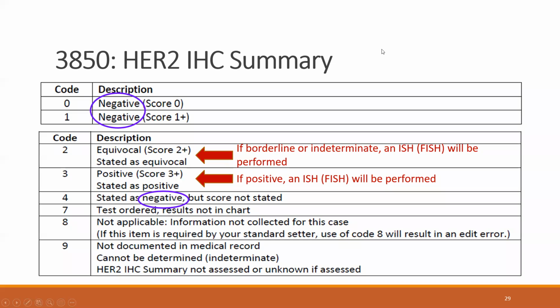Like I said on the other slide, if you have a HER2 by IHC equivocal or 2 plus, that means it's indeterminate and they're going to do a FISH. If you have a positive or a 3 plus, they're going to do a FISH because then they need that gene copy number.